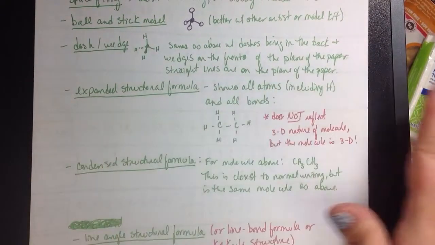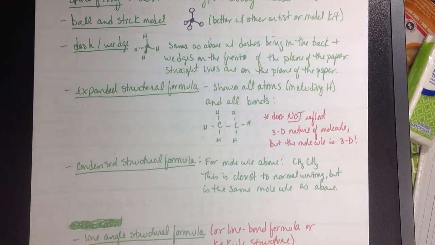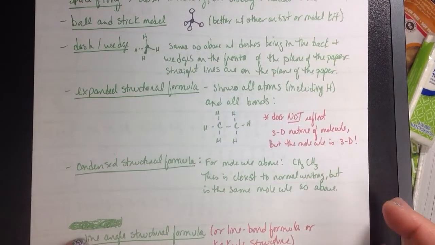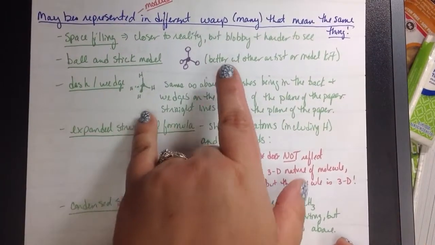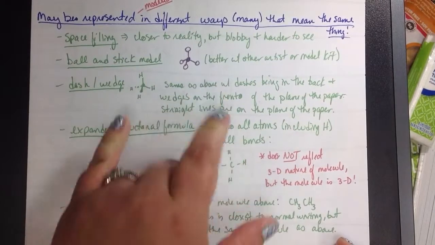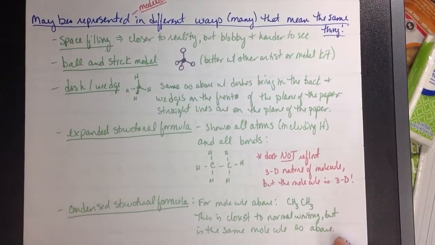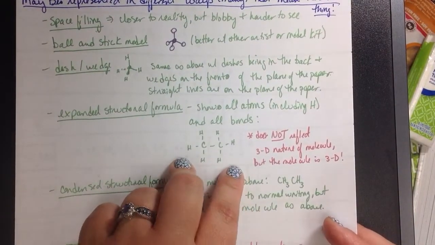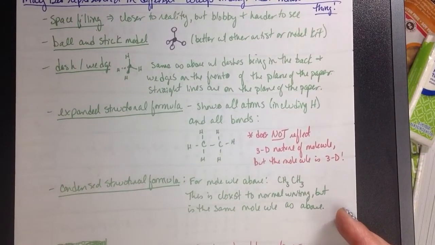Life doesn't live in 2 dimensions. We live in 3 dimensions, and we're going to talk about that in just a second as well. But that's not a 3D model. These are much closer to reality as far as where things are spatially, but this allows you to see things while you're working on paper.